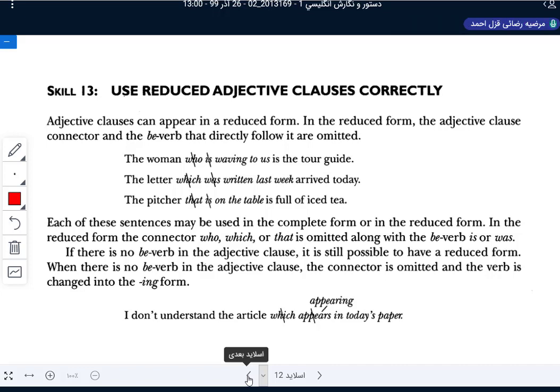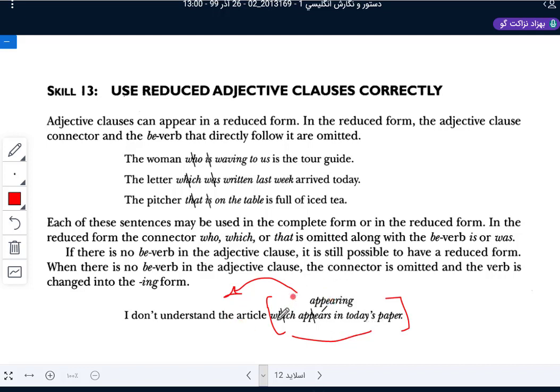I don't understand the article which appears in today's paper. Or appearing in today's paper. When we have which appears, the sentence is a complex sentence by structure. I have the main clause, one main idea, and one dependent clause, which is an embedded or subordinate clause.